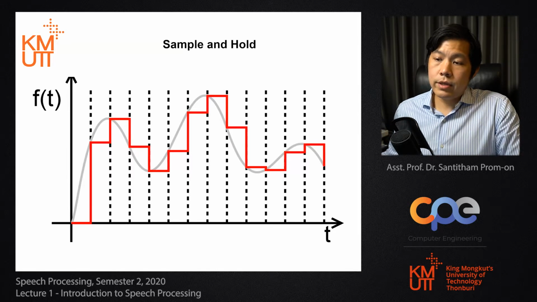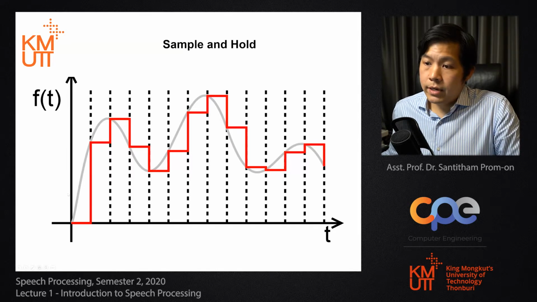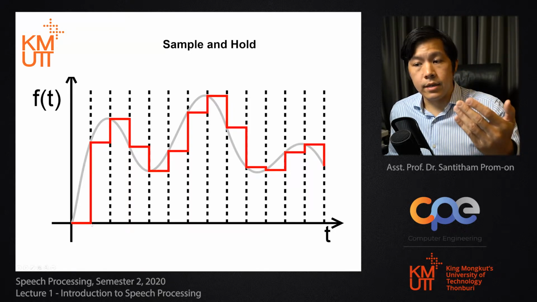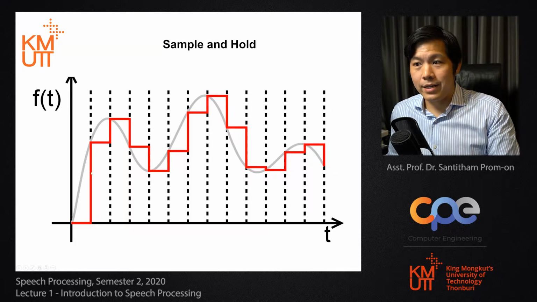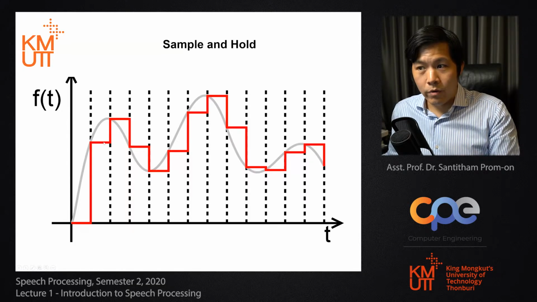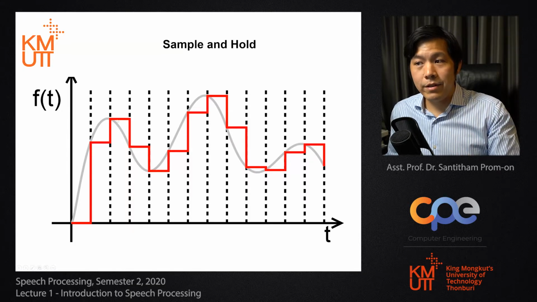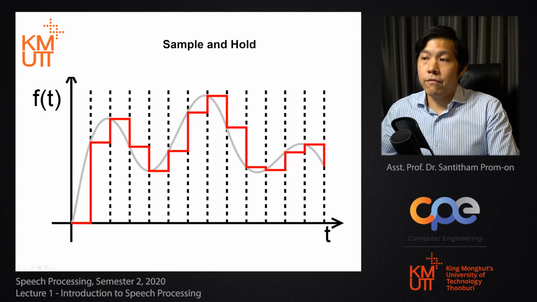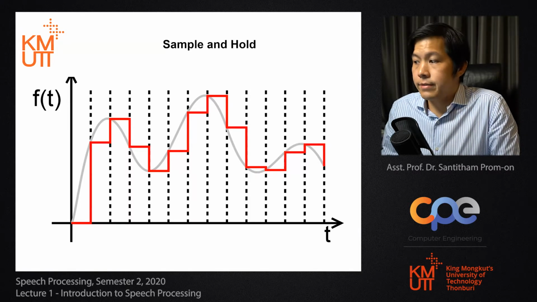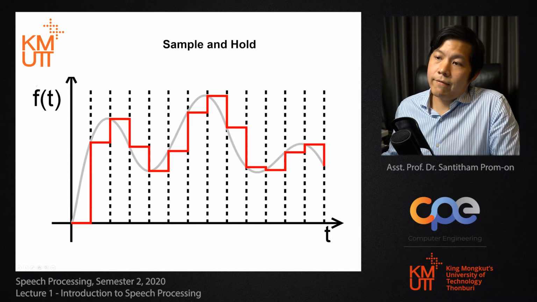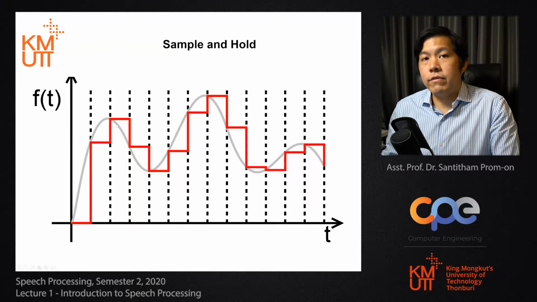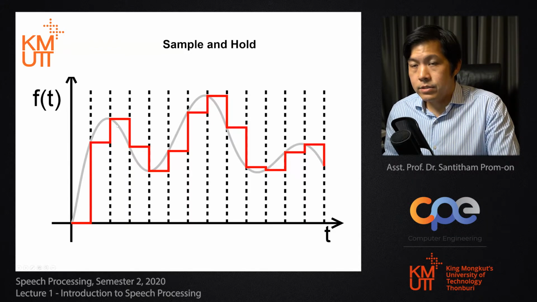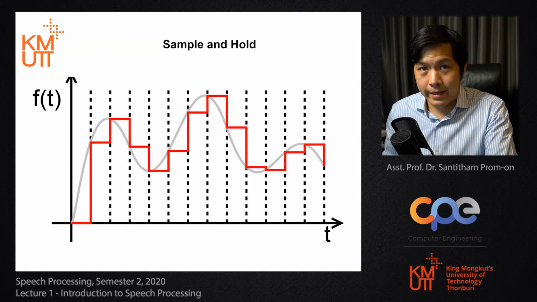It will actually sample the data and then hold the value until it reaches the next time point that it needs to sample again, and then hold the value, and then sample again, hold the value. So this is how it works in the actual IC that performs sampling. That's why we have this digital signal out of the analog signal. So this is the first step, sampling.